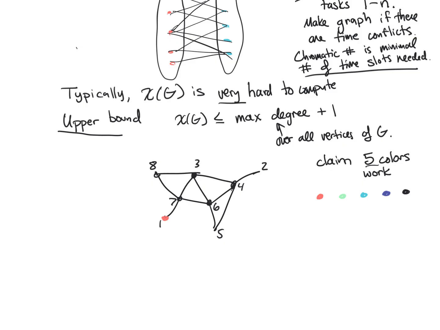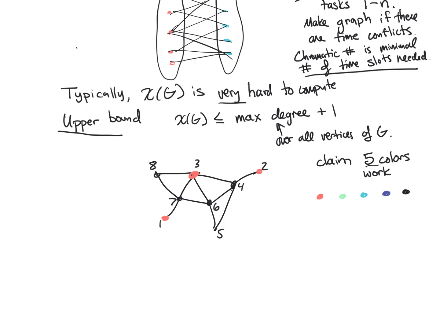Now you just go to your vertices. You start with the smallest vertex, and you color it red. Then you go to your next smallest vertex, which is 2. So far there's no constraint on what 2 can be, so you again make it red. 3, you do the same thing. There's no constraint on what 3 can be because none of its neighbors are colored, so you choose the smallest color again, and you make it red.